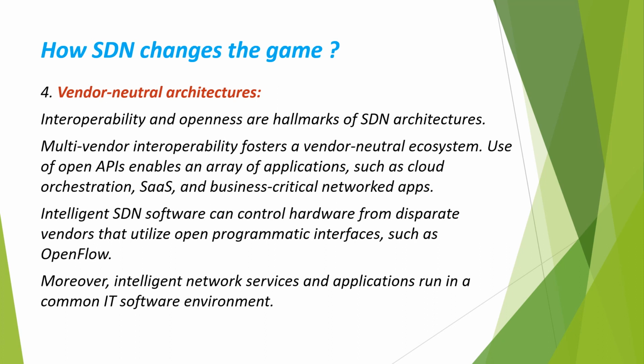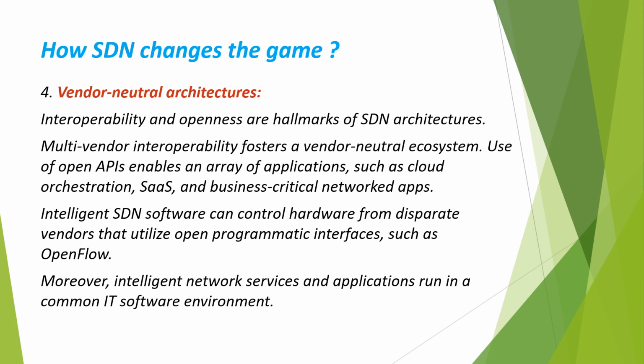Now use of an open API enables us to use multiple applications such as cloud orchestration, software as a service, or business critical network apps. Also, intelligent SDN software can control hardware from disparate vendors that utilize open programmatic interfaces such as OpenFlow. As we had seen in previous slides, OpenFlow is a protocol which is used by the controller to communicate with underlying network devices.